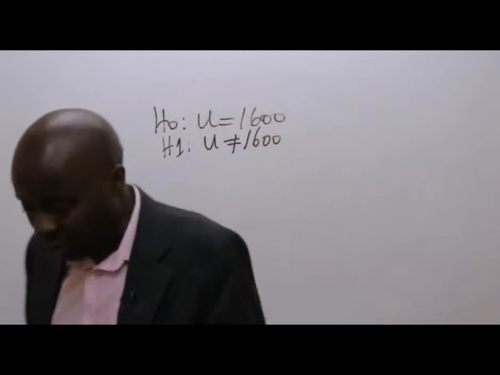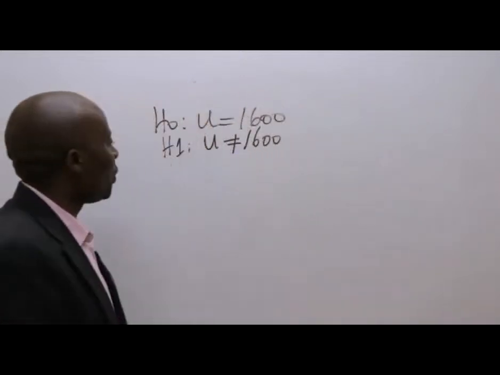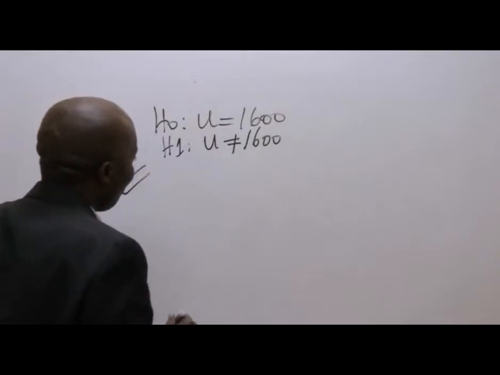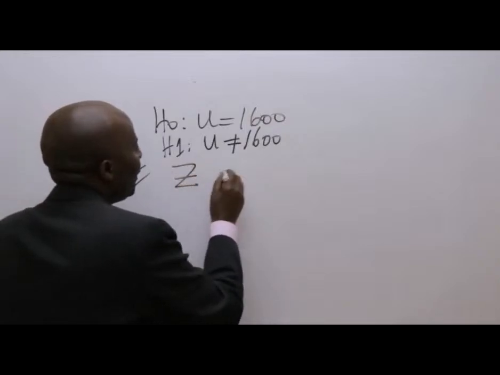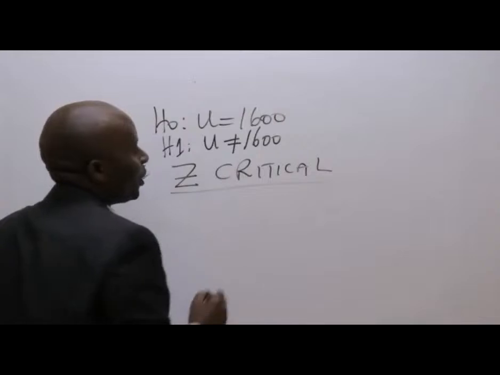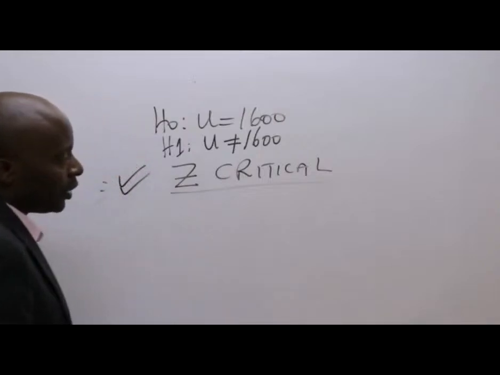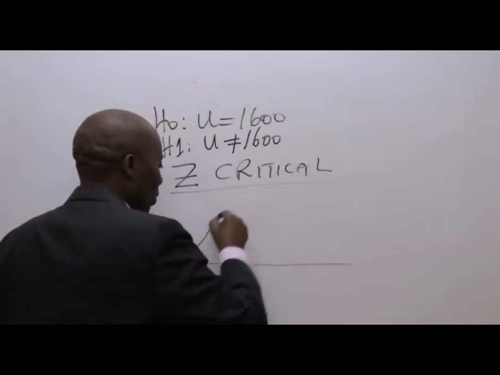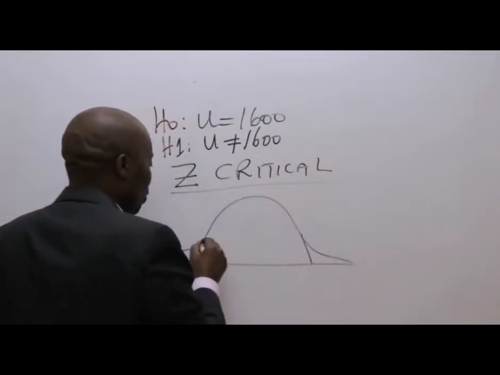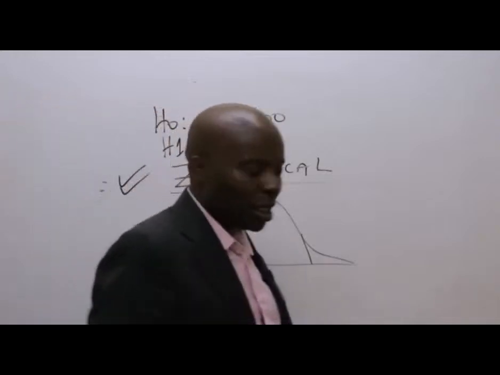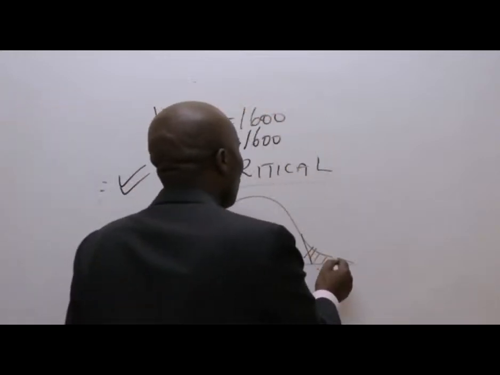Step number 2, ladies and gentlemen, given that this is a large sample, come and give us the Z critical. So Z critical, we have to draw our good diagram. Remember here, this examiner has given us the level of significance.